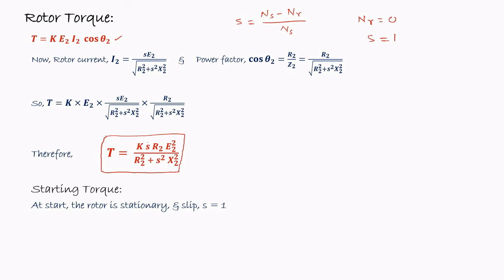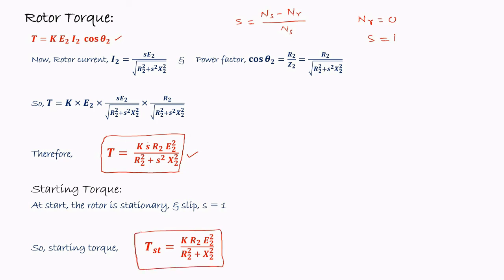So in the general torque equation of the three-phase induction motor, if we put the value of slip equal to 1, it will give us the starting torque. So the starting torque will be equal to K R2 E2 square upon R2 square plus X2 square. Here we put the value of S equal to 1 in the general torque equation. So this is the starting torque of a three-phase induction motor.